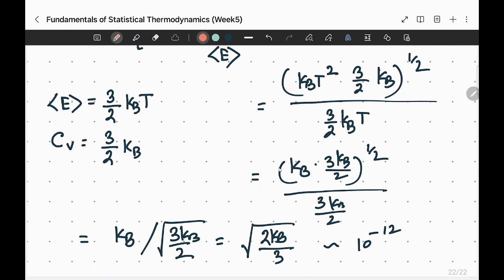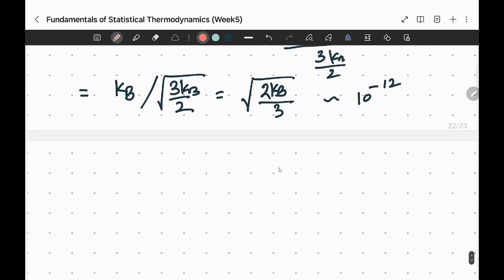That means the fluctuation is very small. You can see the average value is E average, and the fluctuation around this average value is very small, 10 to the power minus 12 relative fluctuation. So if say it is 10, the original value may be 10 plus 10 to the power minus 12, or 10 plus 3 into 10 to the power minus 12. So the fluctuation is very small.